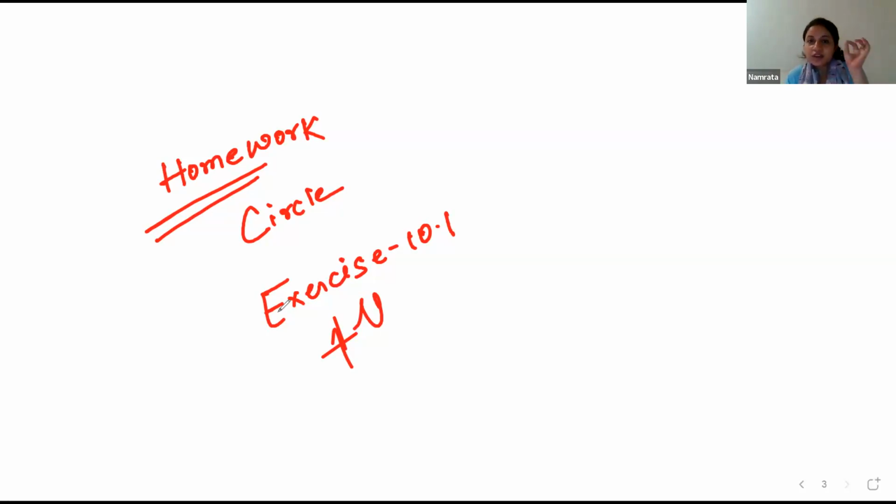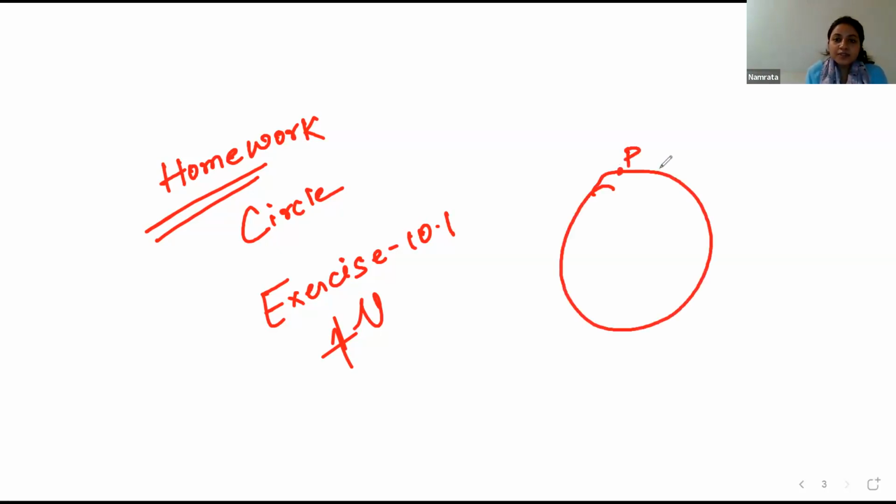Only one tangent. Through a point of contact, we can draw one tangent. Suppose we have a circle and I say only at this point I need a tangent, then through this point of the circle you can draw only one tangent. But in a circle, in general, a lot of different tangents can be drawn. Suppose this is point P, this is point Q, this is point R, this is point S. Through every point you can draw one tangent, but through P you cannot draw more than one.